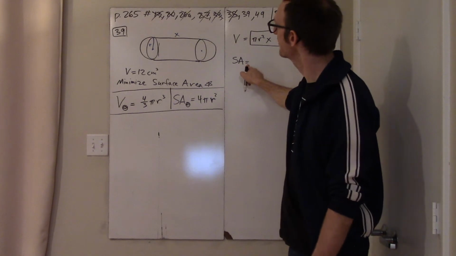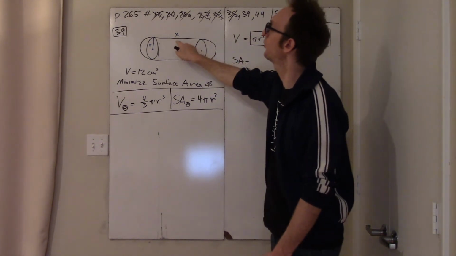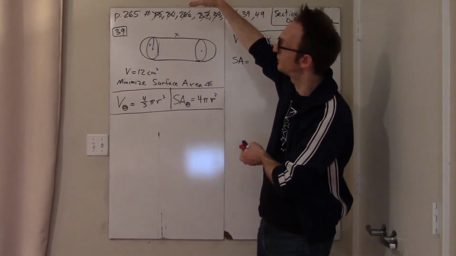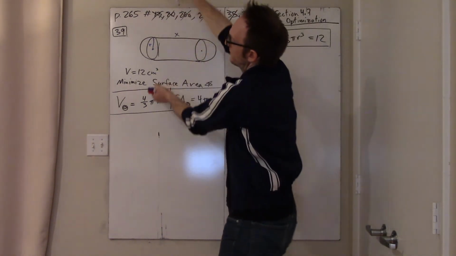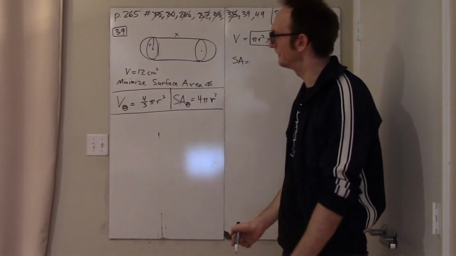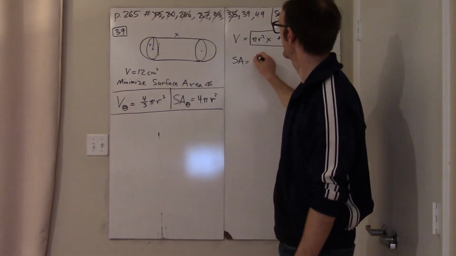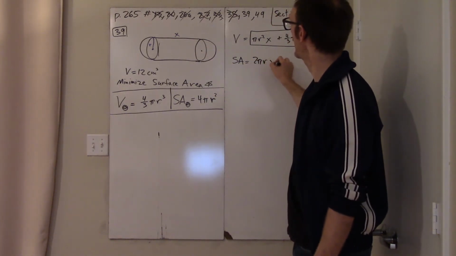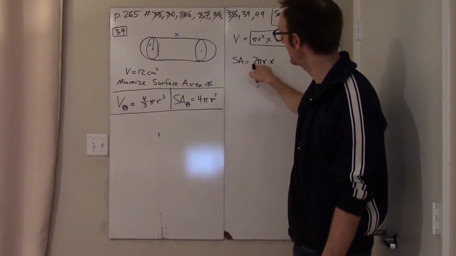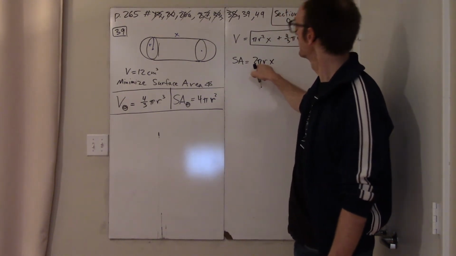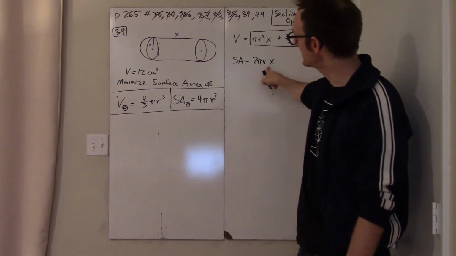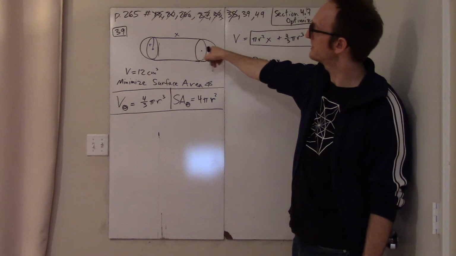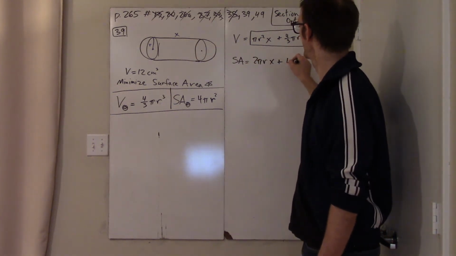When you unroll the cylinder, what you get is a rectangle whose height is x and whose length is the circumference of the circular base. That's just an explanation for the lateral area of the cylinder. It's going to be 2 pi rx, circumference times height, plus the surface area of the sphere, which is 4 pi r squared.